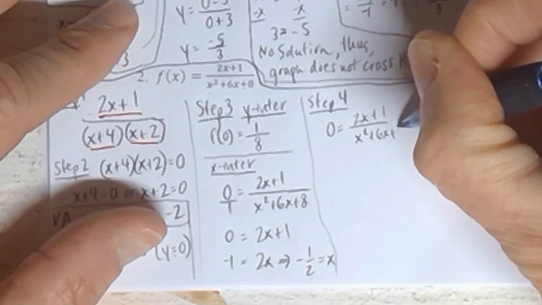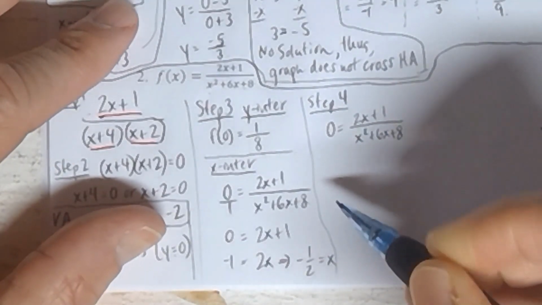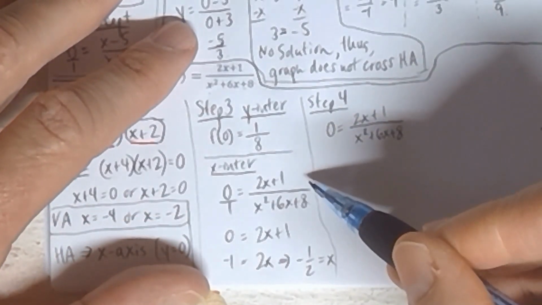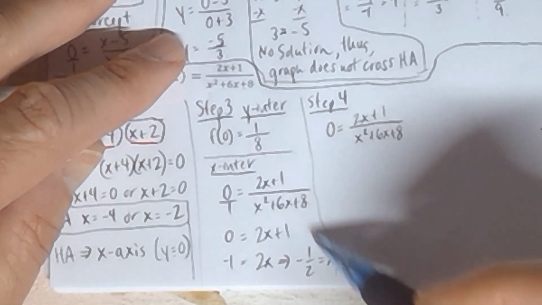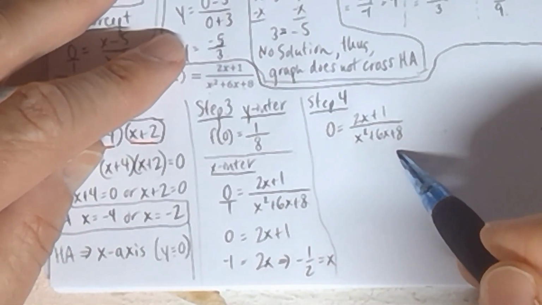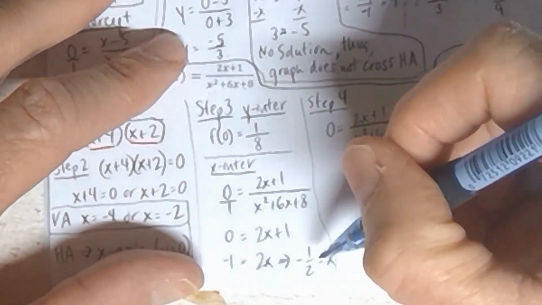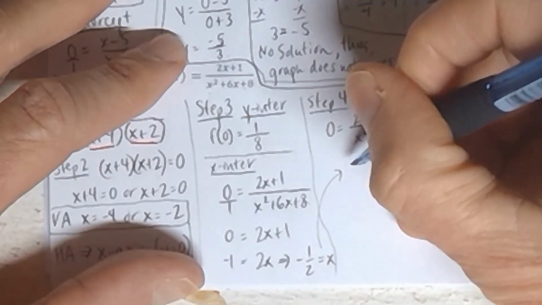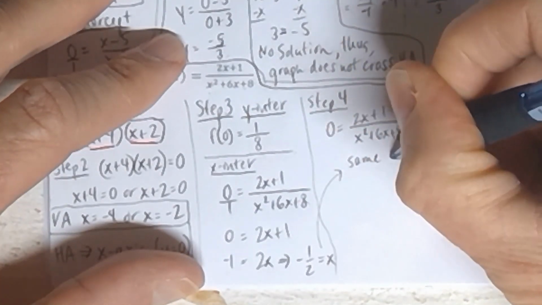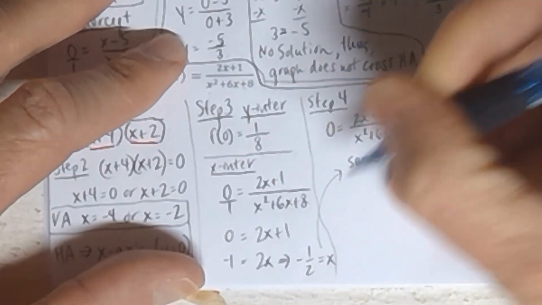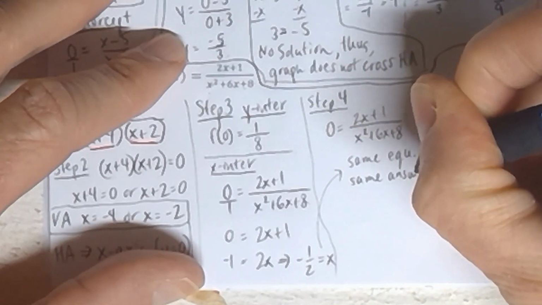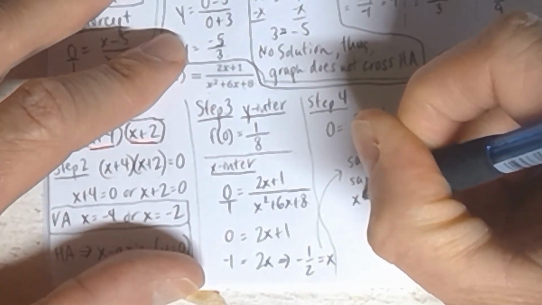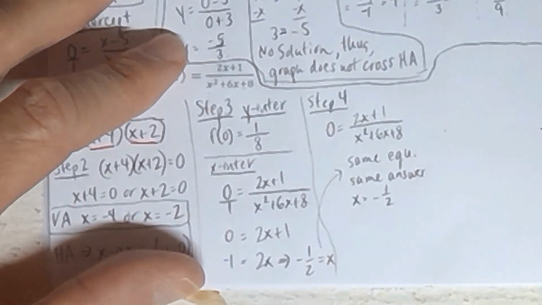This happens sometimes. If your x-axis is the same thing as the horizontal asymptote, then the x-intercept is going to be the same thing as the answer that you'll get in step 4. So, same equation, same answer. What is that answer? It is x equal to negative 1/2.